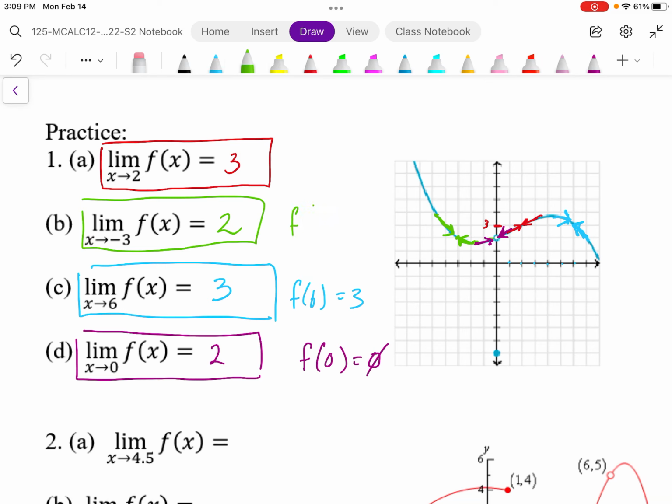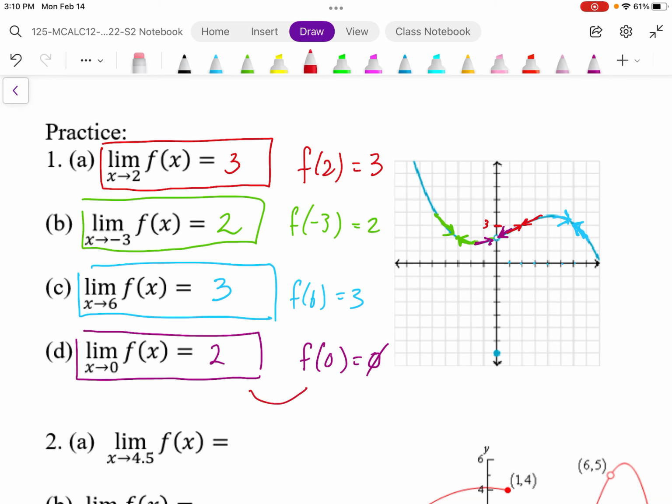At f of negative 3, it equals 2, but again, the fact that the limit equals 2 does not tell us anything about the actual y value at x equals negative 3. And same with f of 2, it happens to equal 3, but again, these things are independent. The fact that the limit equals 3 and the y value is at 3 are two different things.